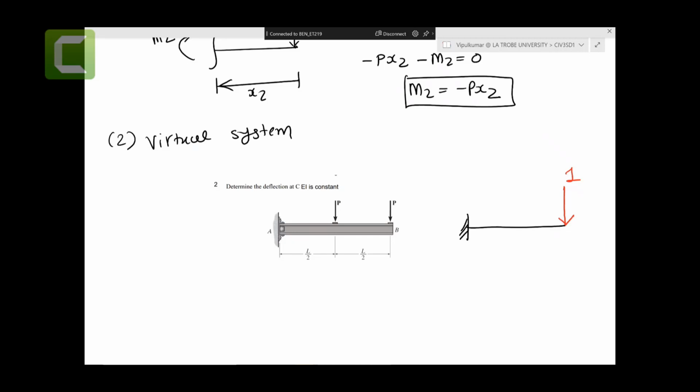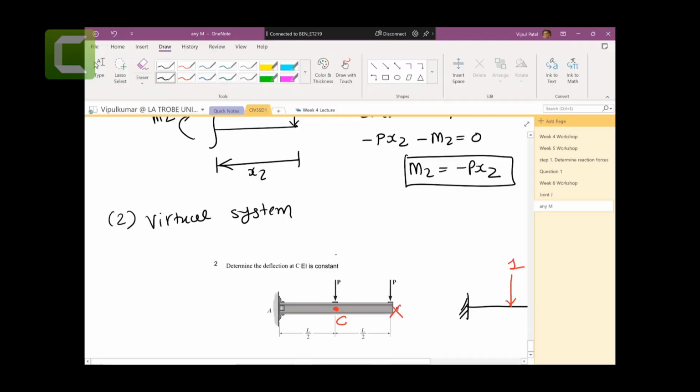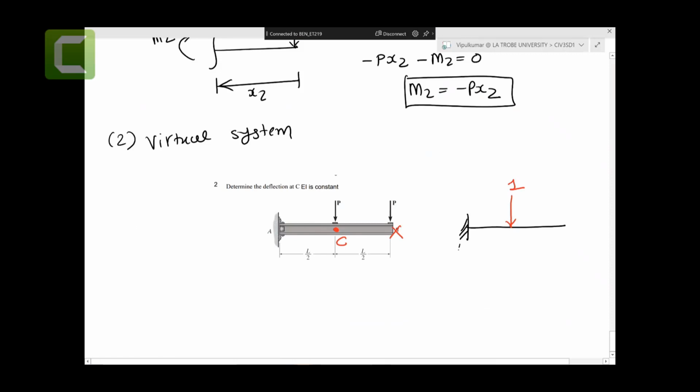We are finding the displacement here, let's say point C. So in that case, we have a virtual load 1 at the point where we want to find a displacement. Just make a correction there: A, B, and we need to find the displacement at point C. So we put the virtual load where we want to find the displacement.